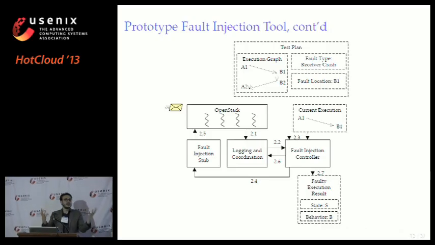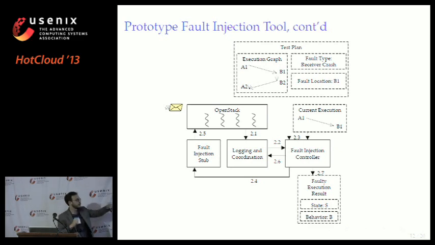So great, we have a bunch of execution graphs that were generated from fault-free execution. That's how it should be done. Then we can generate a test plan based on these graphs and the different fault types that we want to introduce. We basically walk the graph and explode it, showing, okay, let's insert a fault at this moment in the graph of this type. We put these graphs into the fault injection controller.